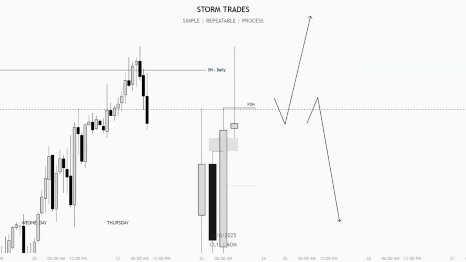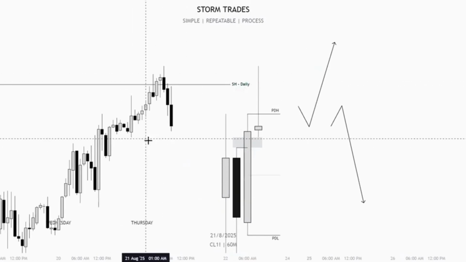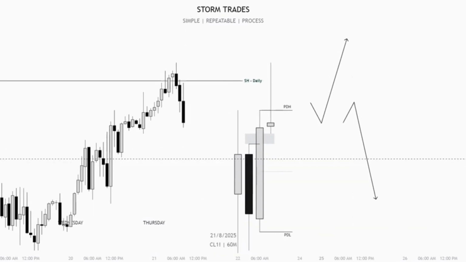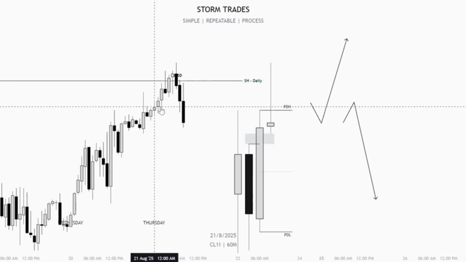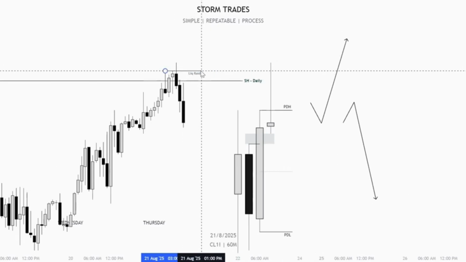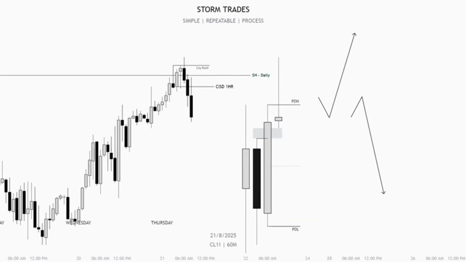We have these series of up-close candles that took this major liquidity, and now we've had a strong close down below it. Okay, so this right here, we also have a liquidity raid, right? So we have a liquidity raid, and we have a strong close down below the series of up-close candles. So this is the change in the state of delivery.